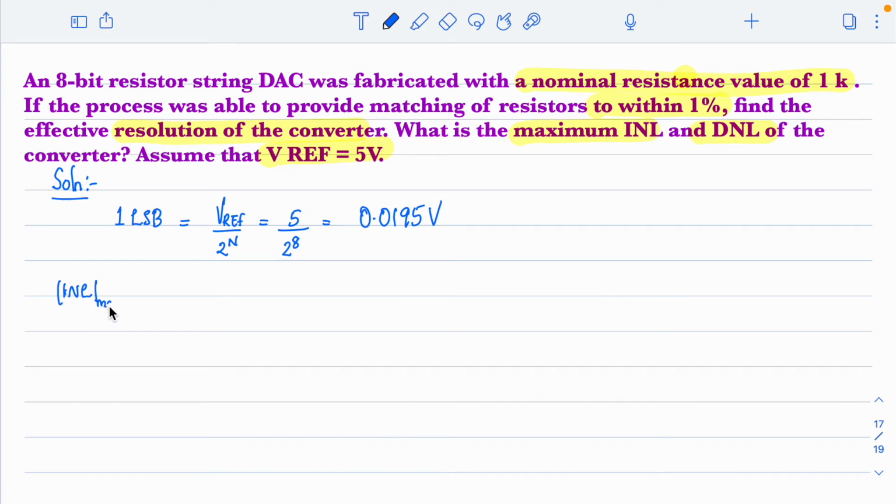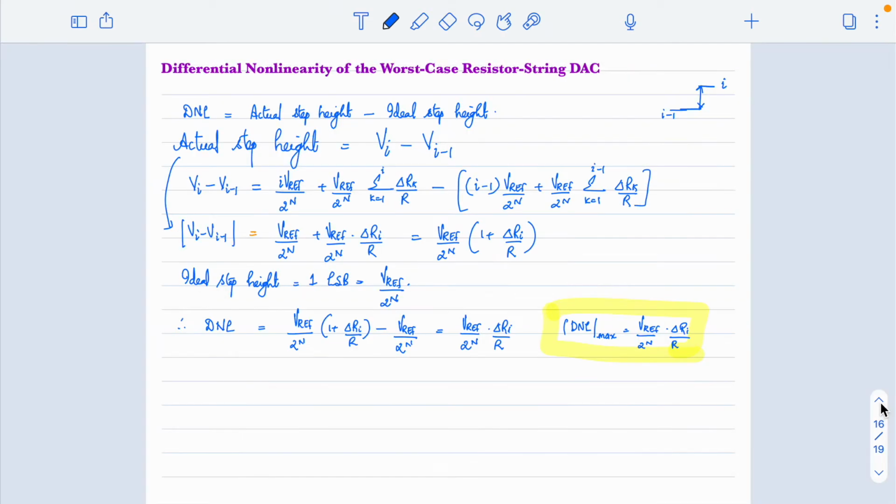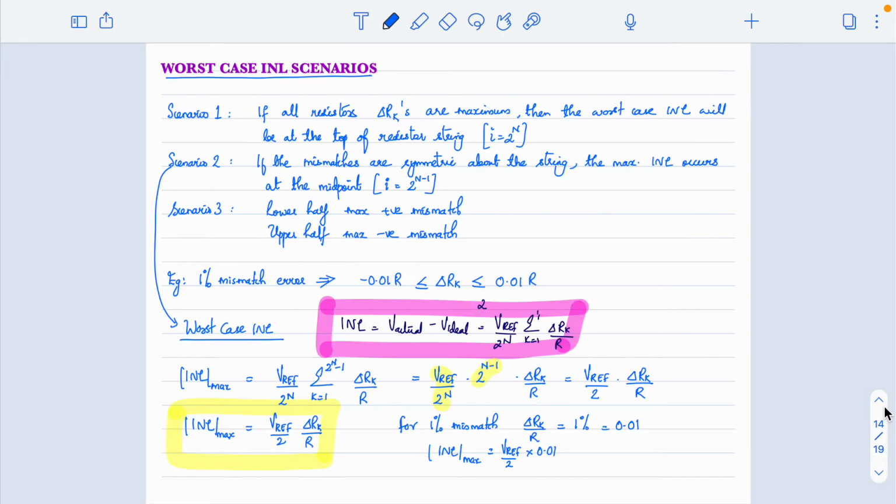INL max, as per what we wrote before, is equal to Vref by 2 into delta RK by R, right? That is how we wrote this. Or this can be written in other terms. Let me take that formula and we'll modify it here.